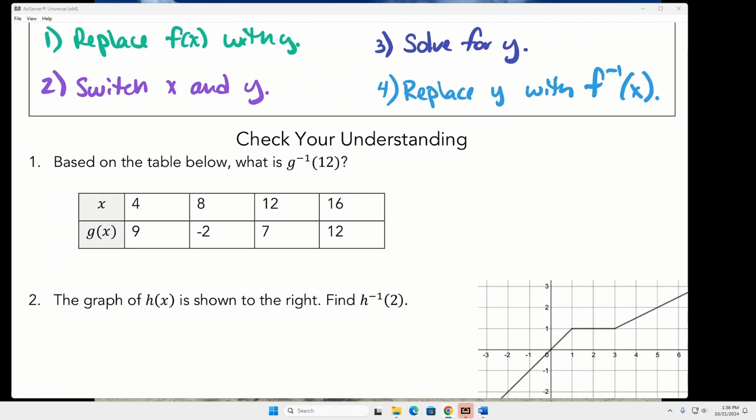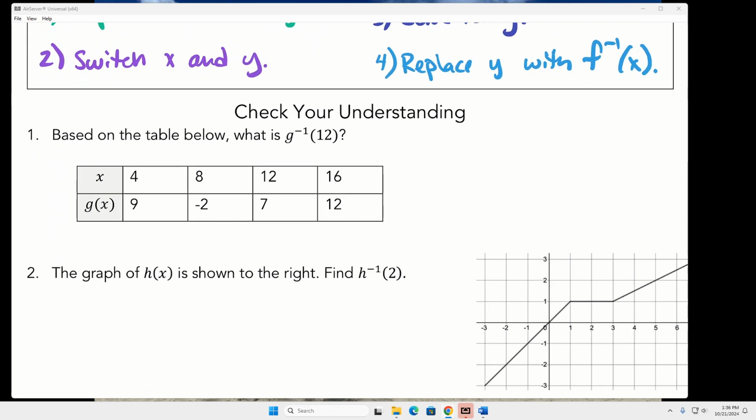Okay, so on number 1, based on the table below, we want to find g inverse of 12. Now this is the table for g. They're asking you to find information about the inverse. And so if you're finding g inverse of 12, they're asking you to find g of what x value is going to give you 12.